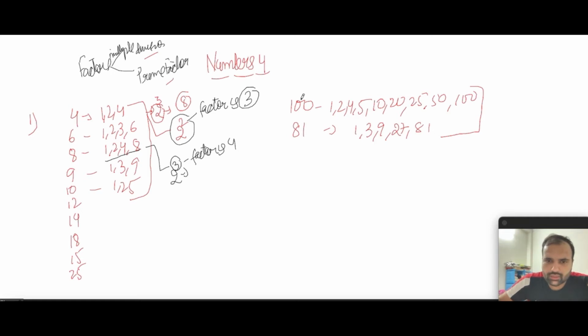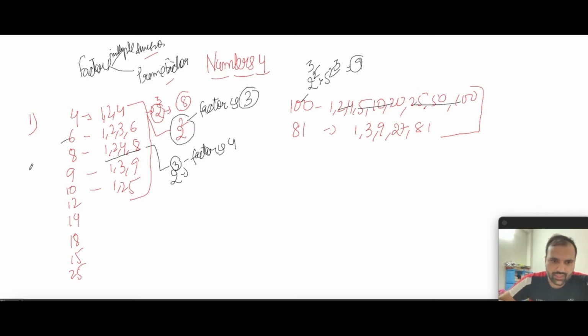Similarly, we can write 100 as 2 to the power 2 into 5 to the power 2. You see that these are the powers. So how many factors should it have? 3 into 3 equal to 9. It would not have 4 factors, it would have 9 factors. You can count it: 3, 6, and 9.